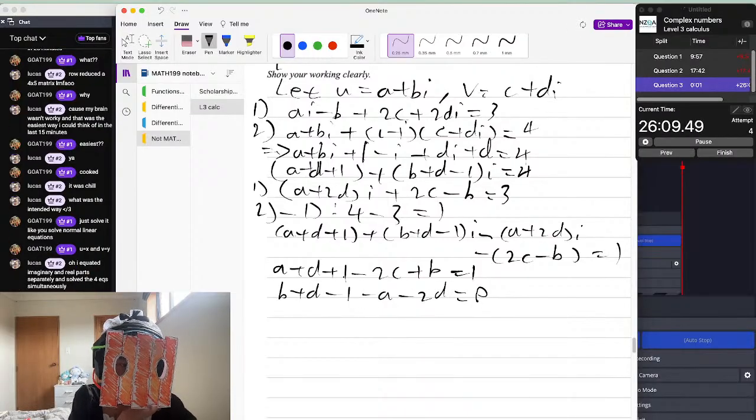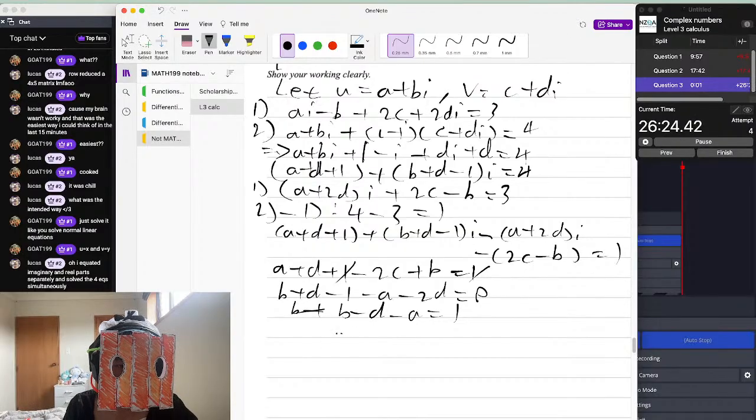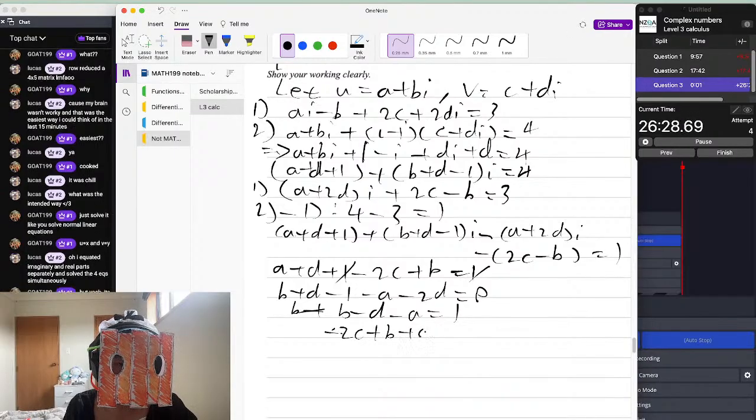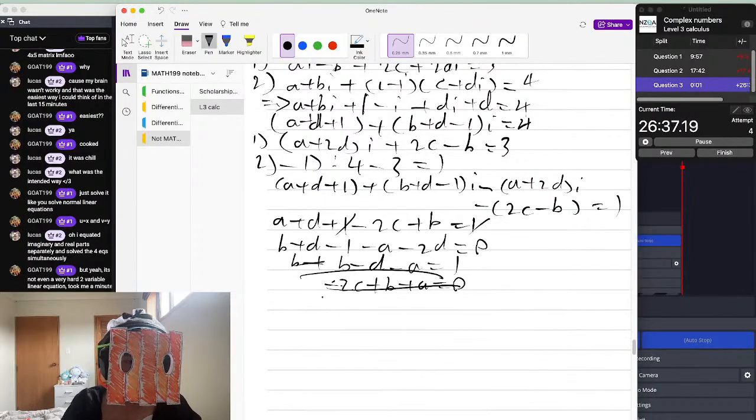Okay, I see where the problem arises. B minus d minus a equal to 1, and minus 2c plus b plus a equal to 0. Wait, we need to look at it again.